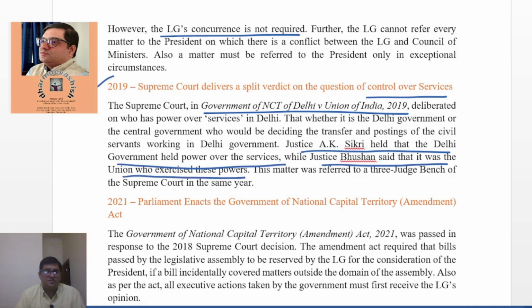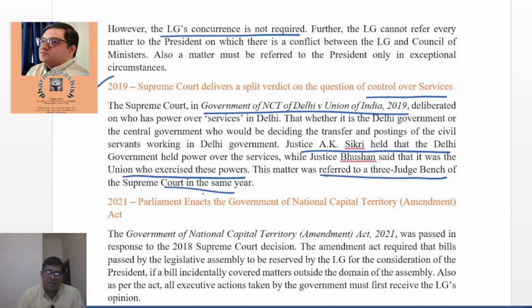So this was a split verdict, and the issue was not settled. So what happened? The matter was referred to a 3 judges bench in the very same year.